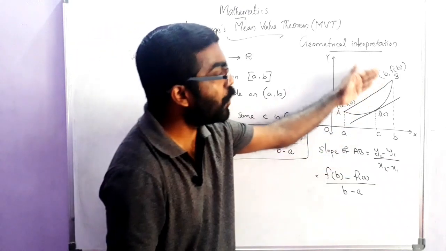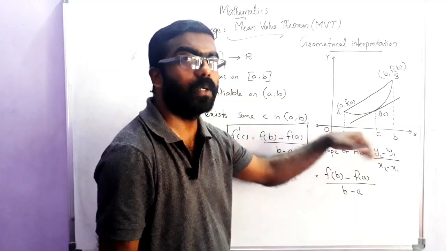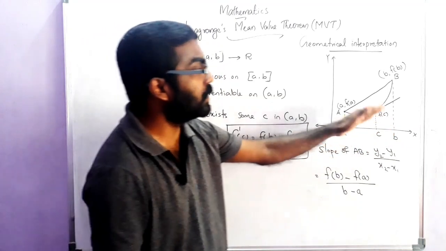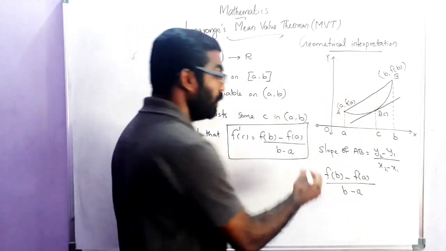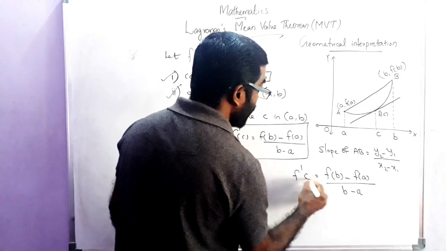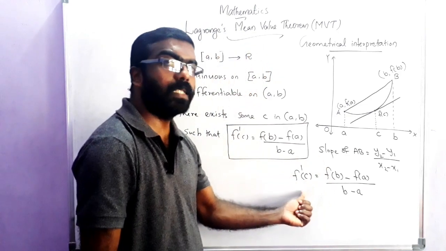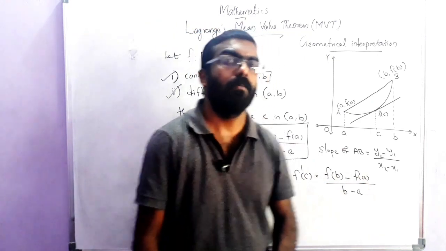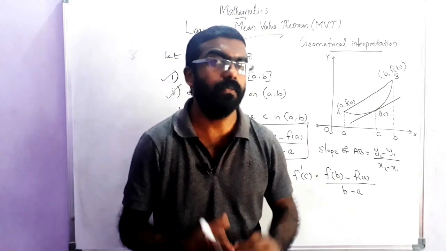Parallel means slopes are equal. Here the point is f of c, so slope means f dash of c. So f dash of c will be equal to the slope of AB. Understood? So f dash of c is equal to f of b minus f of a divided by b minus a. That is the geometrical interpretation of this theorem.